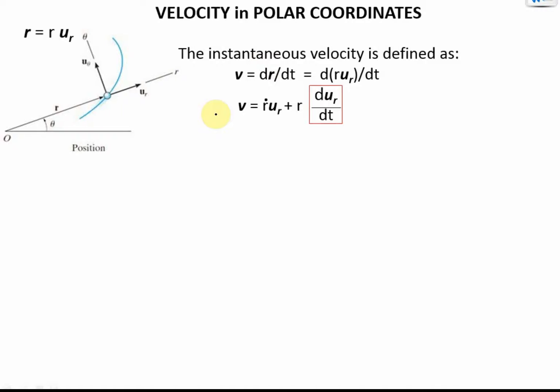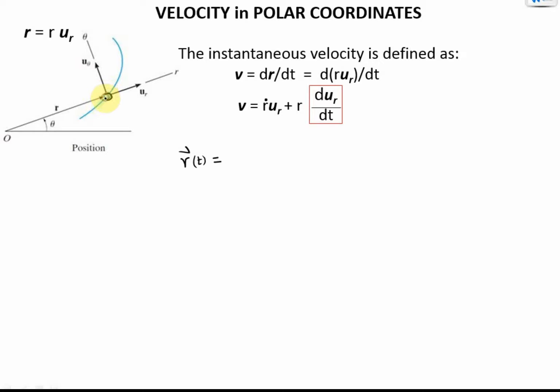How can we analyze velocity in the polar coordinate system? Now look at this one. How do you define r? Your r is a function of time.